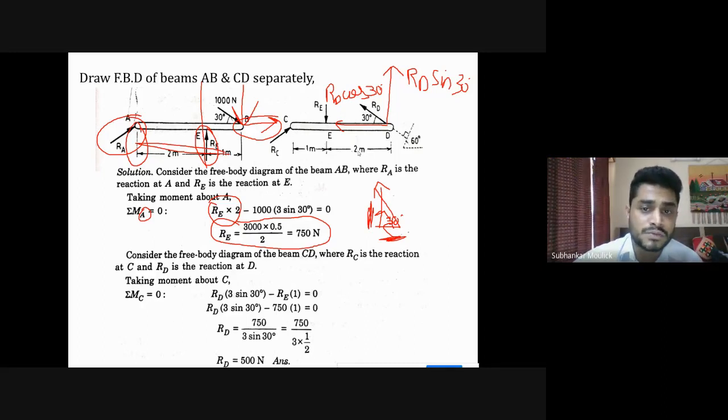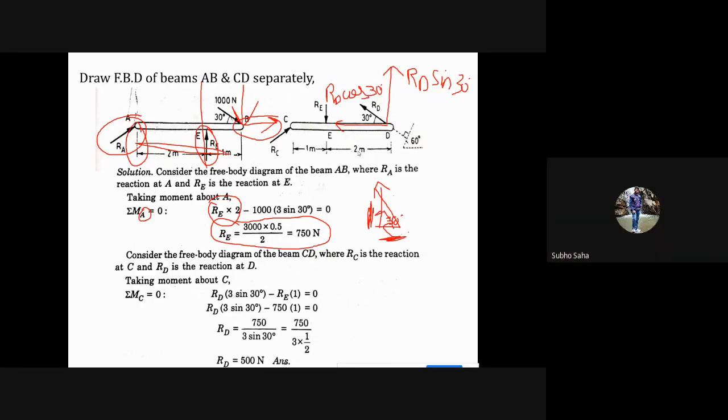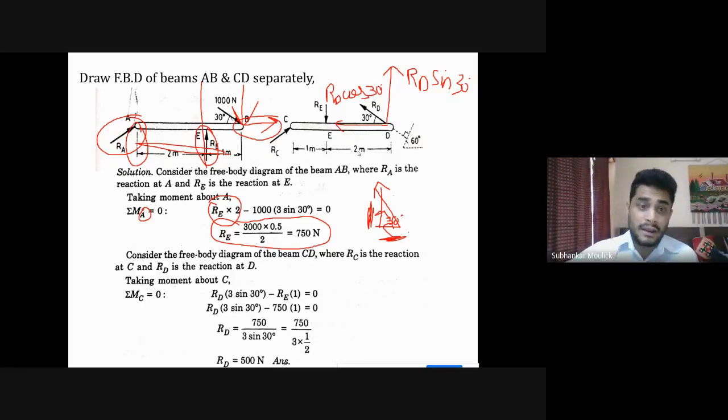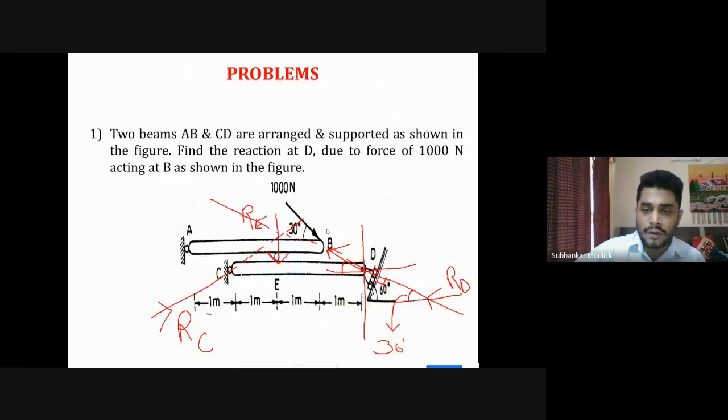Can you tell me which moment it is? Clockwise moment. In the entire problem I have assumed clockwise negative, so minus RE into 1. RE is 750, so minus 750 into 1. So RD comes out to be 750 divided by 3 sine 30, so RD is 500 Newton, and this is what you have to find in this problem.